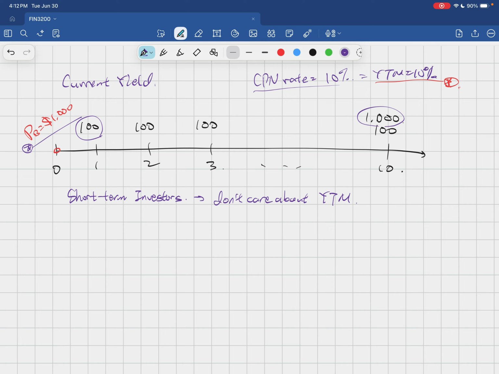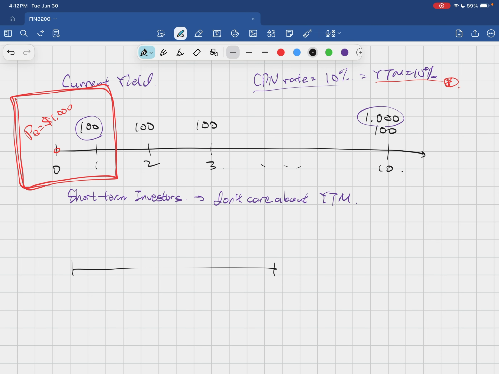their plan is this. They're gonna focus on this part right here. Let me just clean this up a little bit and zoom in. As a short-term investor, that's your plan, okay? The timeline continues, but they don't care.